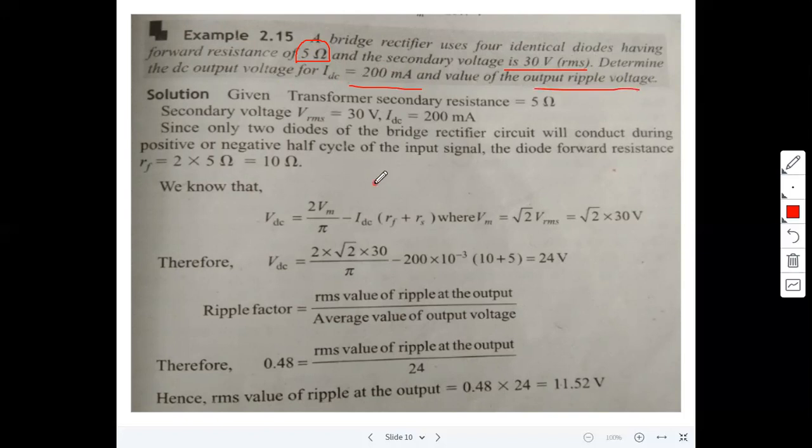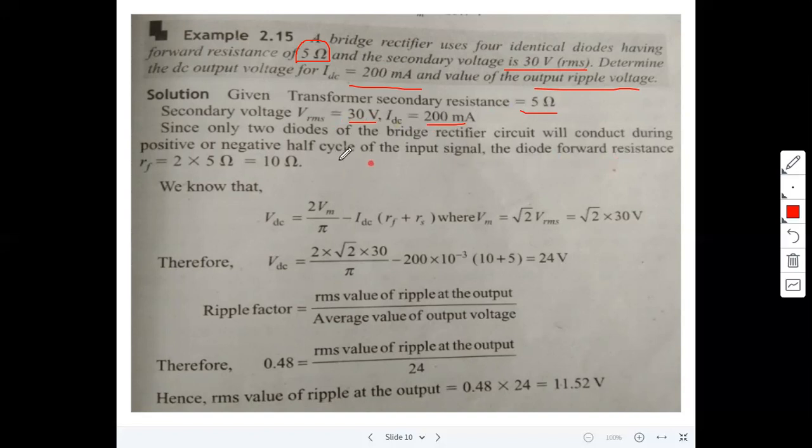Now in this case, the transformer secondary resistance is given as 5 ohm, so you consider the 5 ohms. VRMS is equal to 30 volts and IDC is equal to 200 milliamperes.